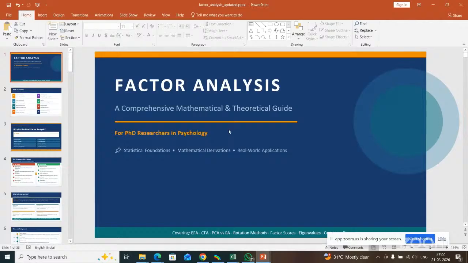If the real eigenvalues are greater than the random eigenvalues, then the factors will be selected and kept under consideration. It is some kind of like the scree plot, similar but not exactly the same, because we are dealing with the random and real eigenvalues separately. So this is the difference.